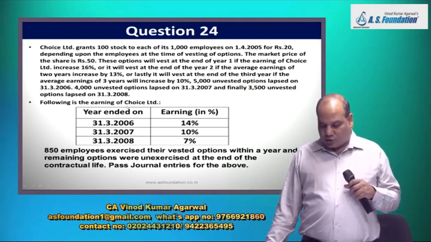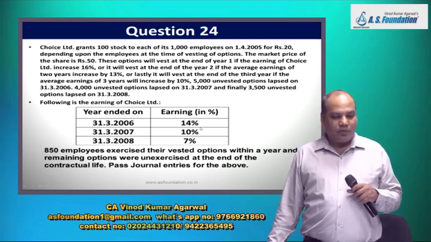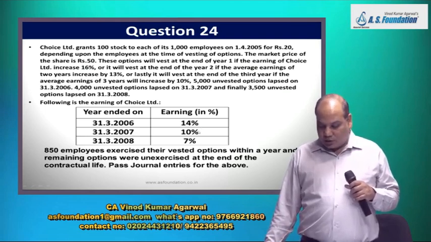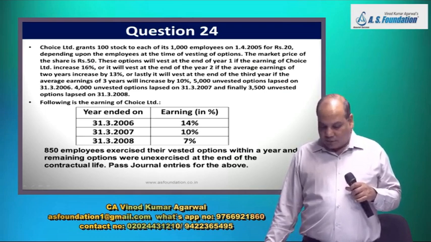Following is the earning of Choice Limited. They should have written increase in earning anyway. First year 14%, but my target was 16. Can the vesting period be 1 year? No. Okay, next year the earning increases by 10%. So if I take the average of 14 plus 10 divided by 2, 12%.